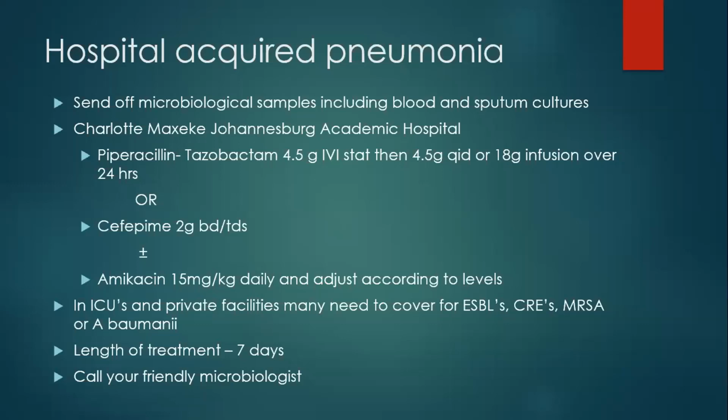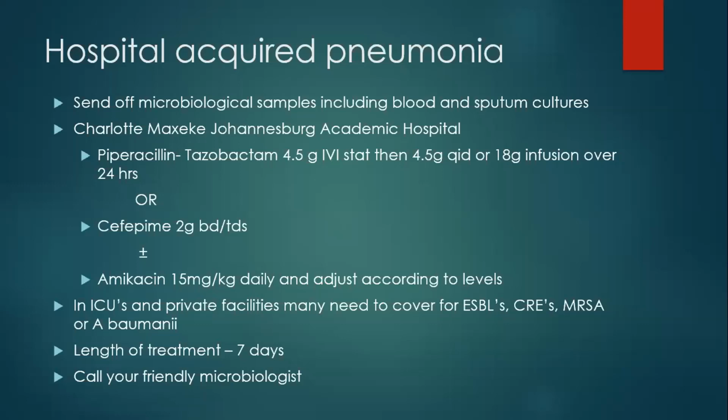The guidelines are very specific to the hospital you're in, but our guidelines for these particular patients would be an antibiotic like Tazocin at an appropriate dose. If your patient has got no renal failure, we would use 4.5 grams QID after a loading dose of 4.5 grams, or we could use something like cefepime at 2 grams BD or TDS.